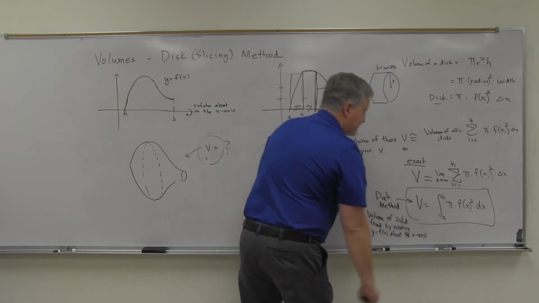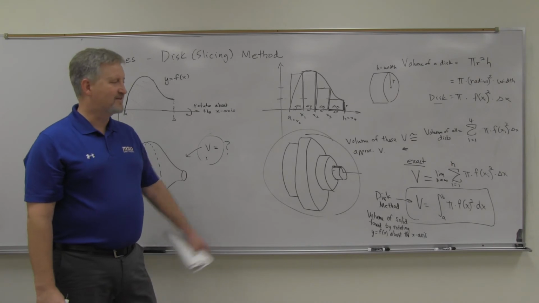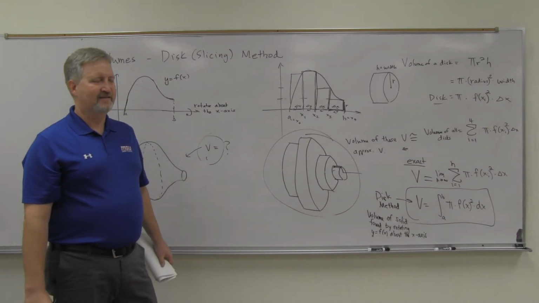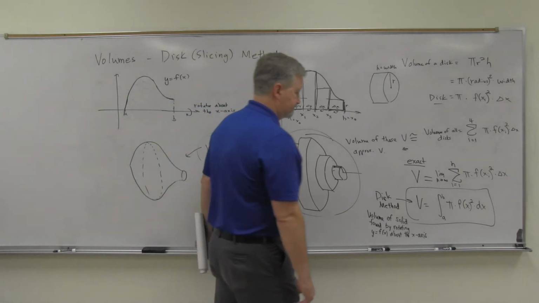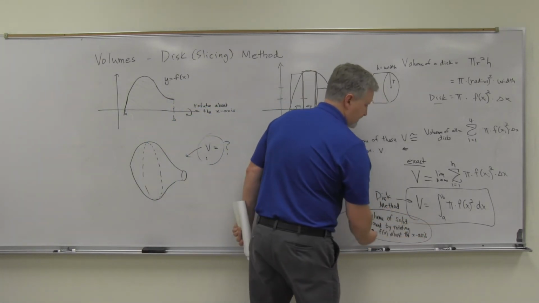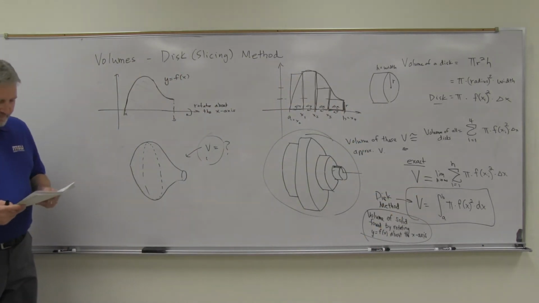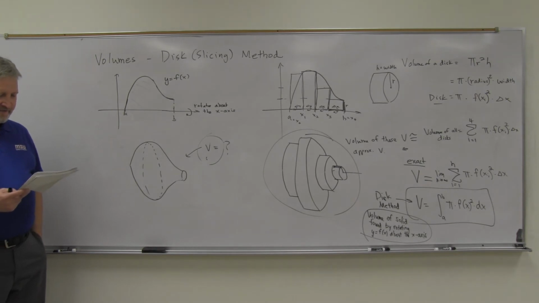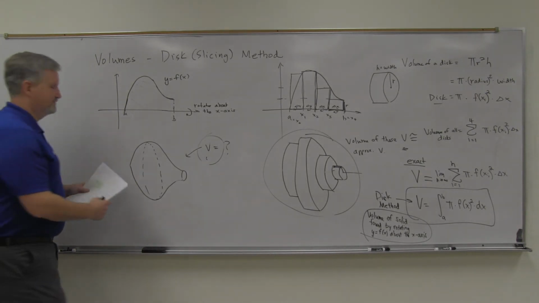Because as you can guess, we are going to rotate some about the y-axis, but this is the one rotated about the x-axis, from x equals a to x equals b. To be more specific about it, this is called the disk method. So that's a formula you might want to hang on to right there. All right? So let's do one.